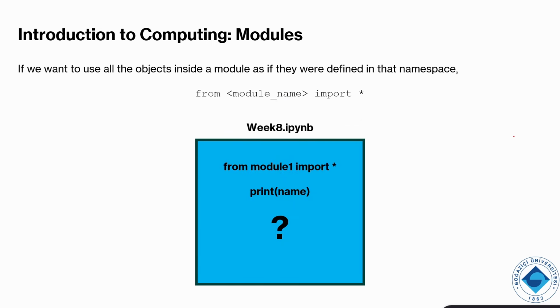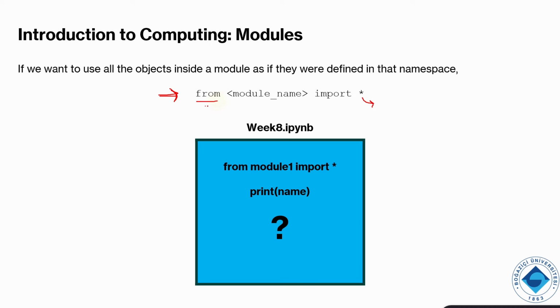So what can we do to fix this problem? If you want to use all the objects inside a module as if they were defined in that namespace, we can use this skeleton and import all our variables by using this star symbol.